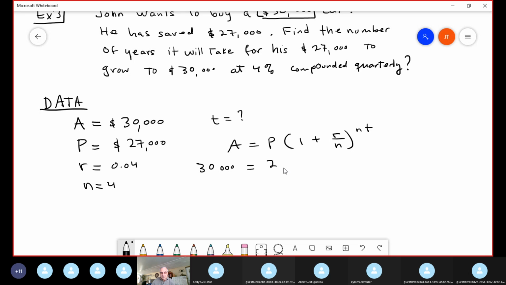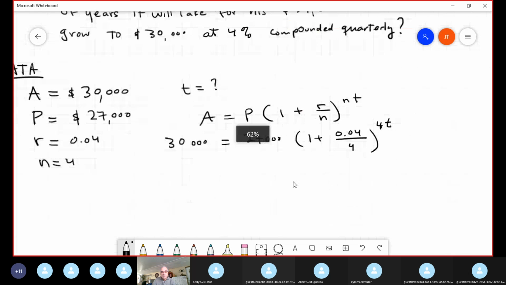The present value is 27,000. 1 plus r is 0.04 divided by 4, because compounding is 4 periods, and the exponent is n times t. N is 4, but t I have no idea. It is the time, the years I need to wait.